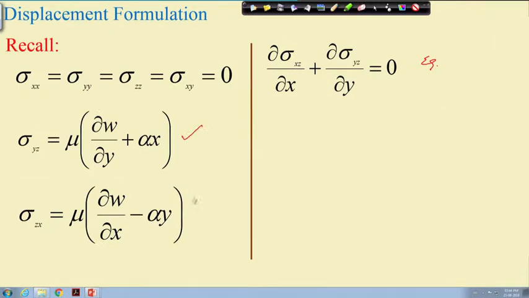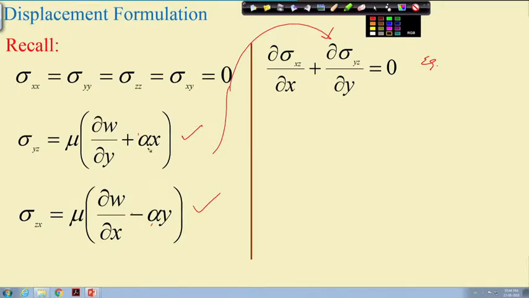This relation essentially includes both the stress strain and strain displacement relations. Next we have to substitute these two expressions into the equilibrium equation, and if we do that we get an expression in terms of only displacement.